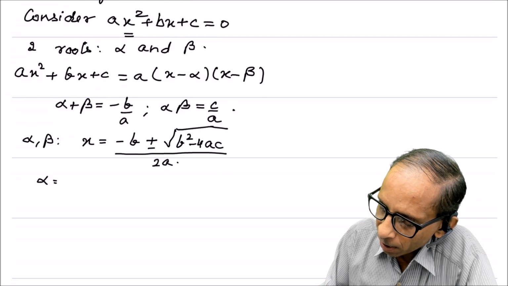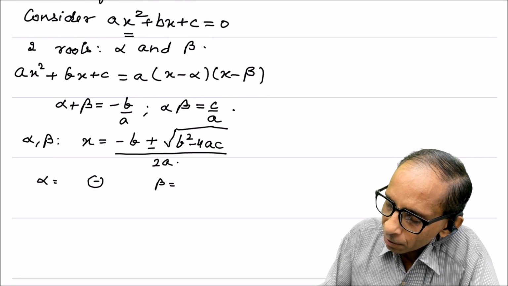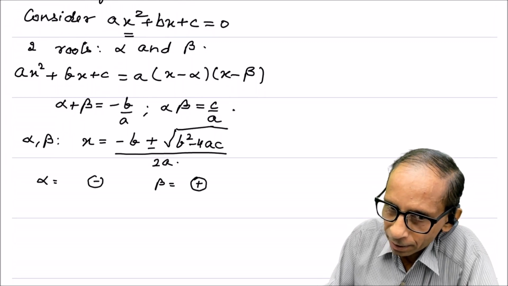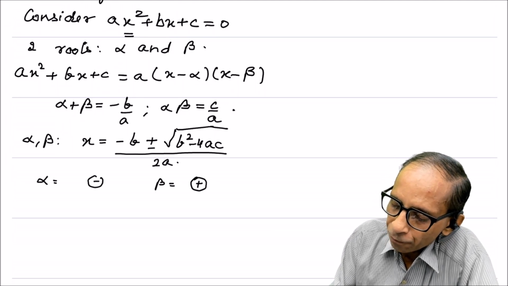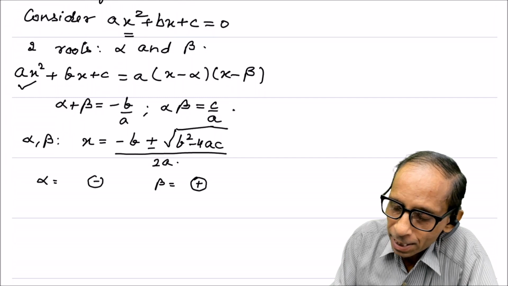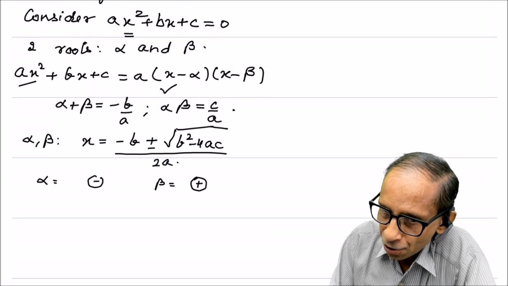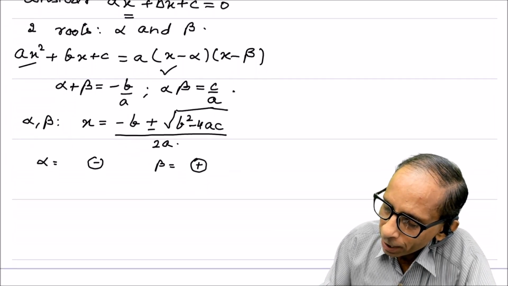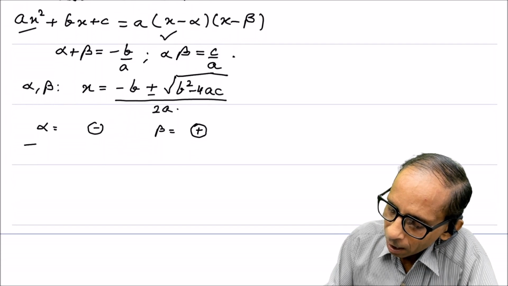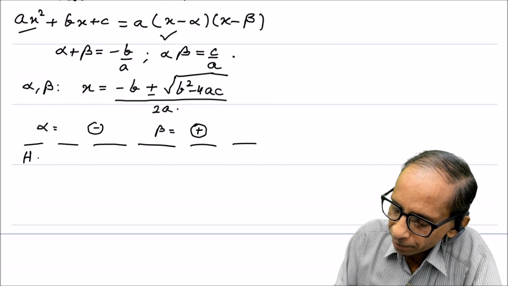If we take alpha with the minus connecting sign, then we may take beta with the positive connecting sign, and we will be getting the two roots. So if we have got a quadratic expression like this and we want to factorize it in this particular form, then it is essential that we know what the roots are. So the next step for us is how to factorize a quadratic expression.